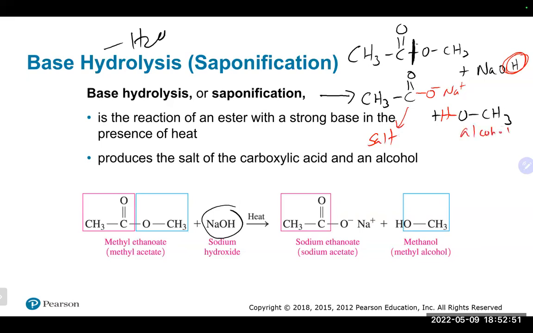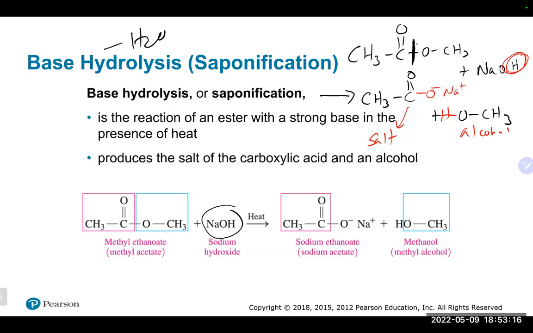So that is the main difference between the two hydrolysis reactions. They both essentially break apart the ester, but it's only the acid one that will actually get you back both things completely like it was before, the carboxylic acid and the alcohol. A base hydrolysis is sometimes referred to as a saponification reaction, which is a fancy way of saying you just made soap if you do it correctly.